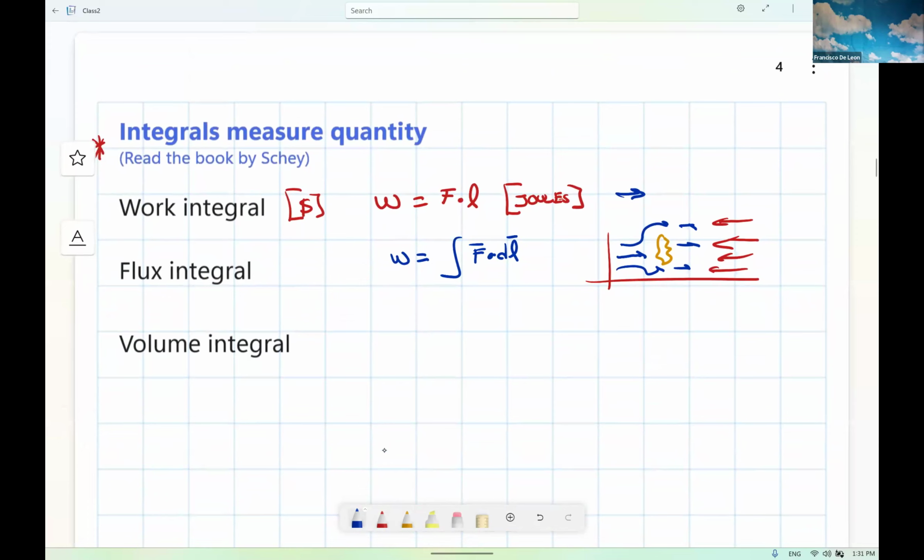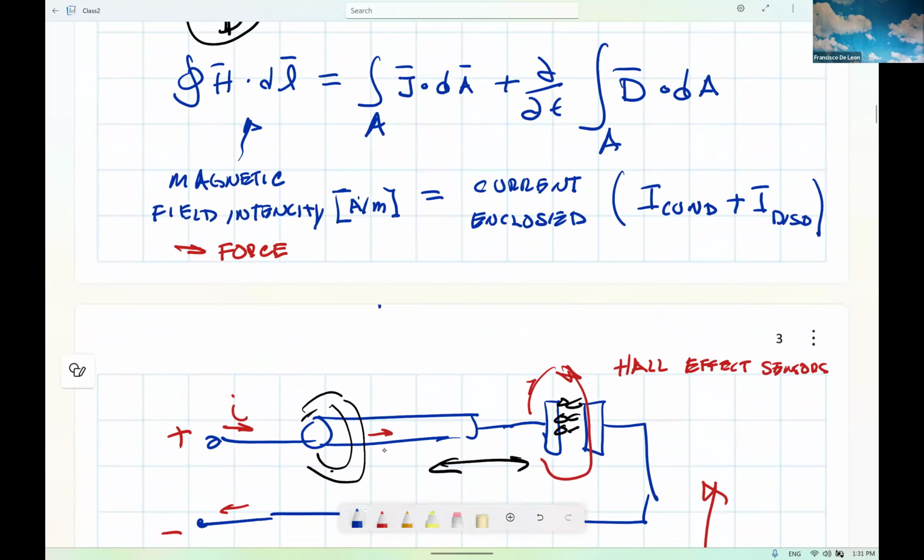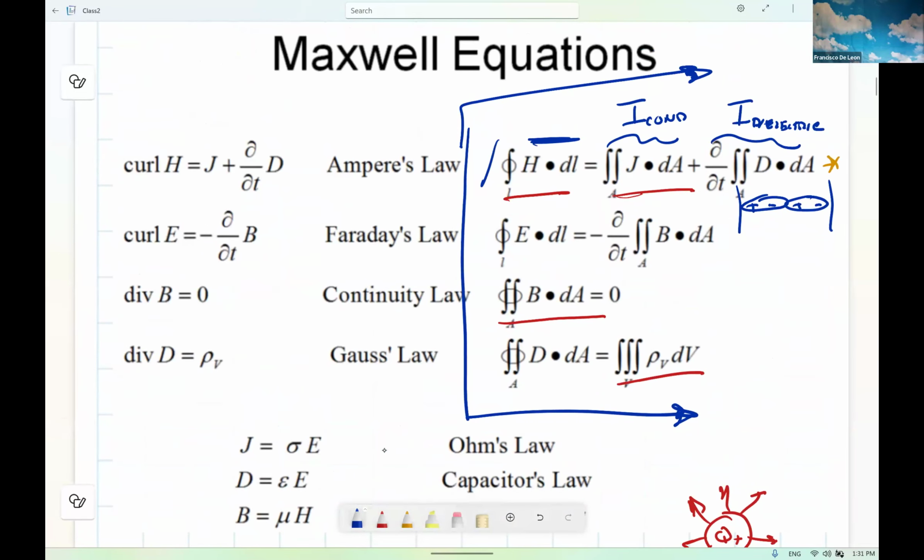But let's go back to this. We can tell right away that force times distance is either I have to pay money to move, or somebody has to pay me to move things. There's no way out. So in the first two Maxwell equations, Ampere's law and Faraday's law, here we're talking money, right?